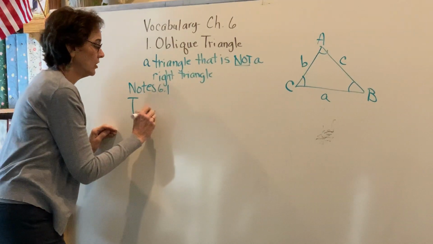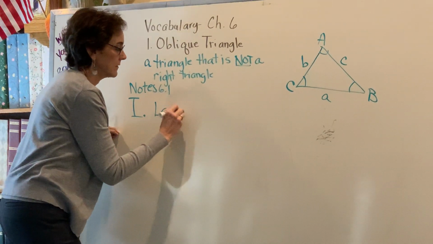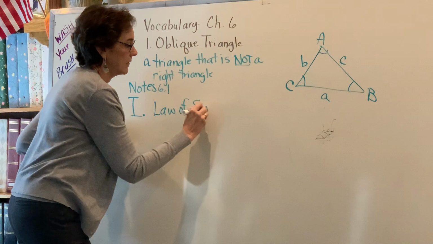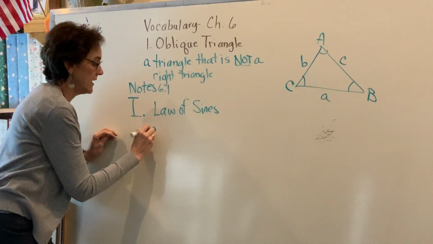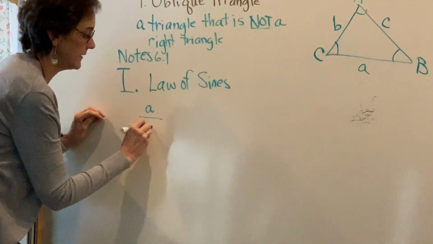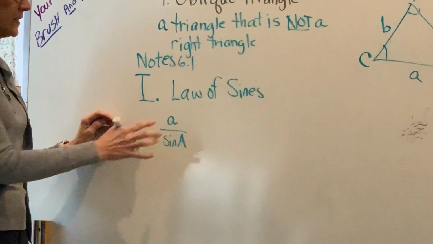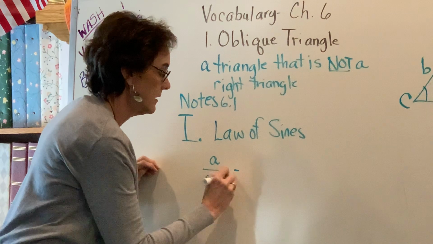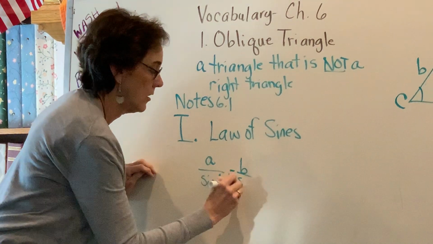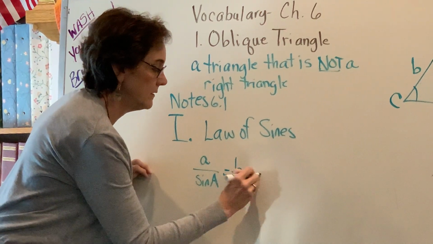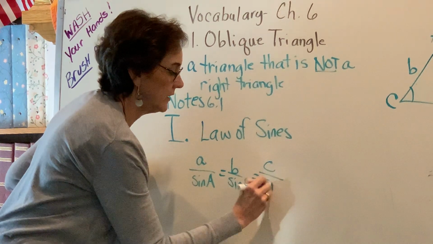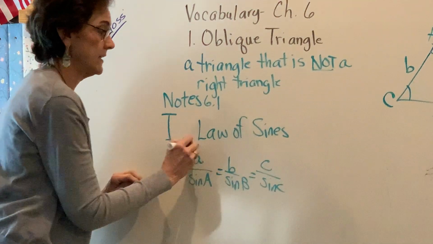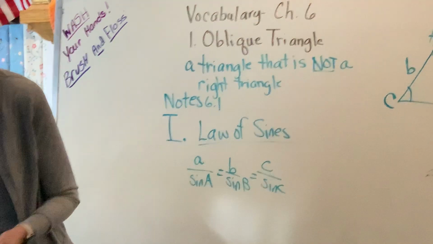Okay? So the law of sines is a over sine A, so it's the side opposite the angle A, equals b over sine B equals c over sine C. It's called the law of sines.